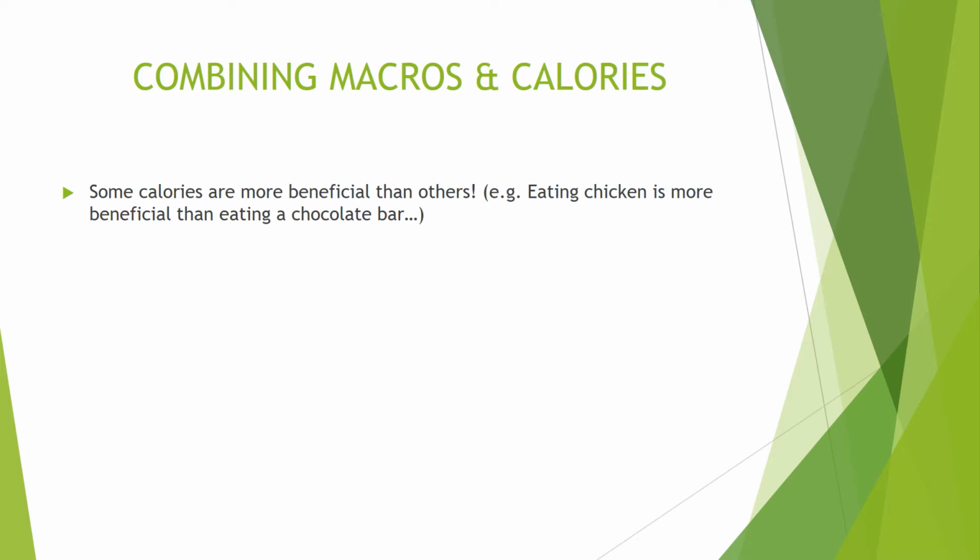So just a quick example: eating chicken, a high protein food. Protein is the building blocks of the body. It's what our organs are made up of, it's what our skin is made up of, it sustains our muscles, it helps us recover when we work out, and it helps to build more muscle, making us stronger and burning more fat.